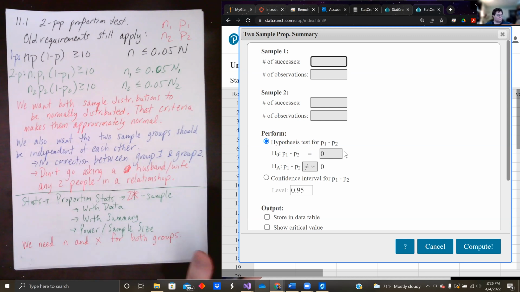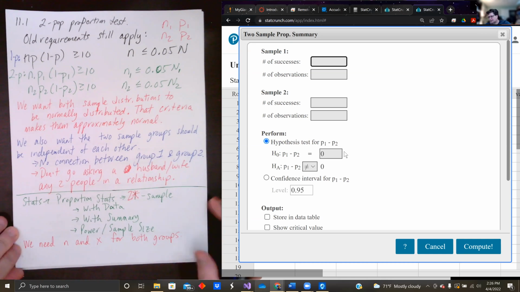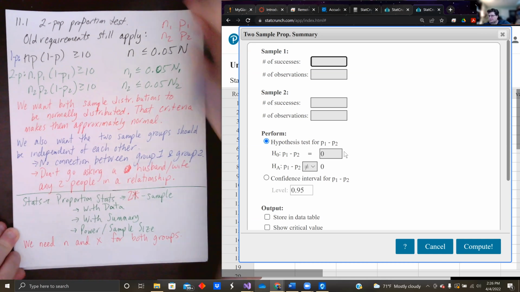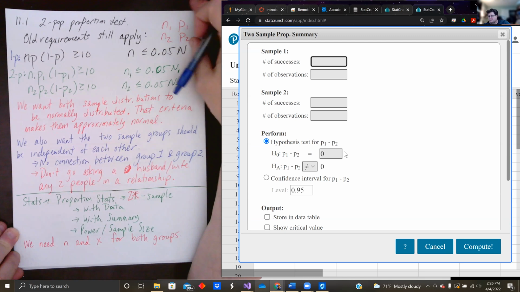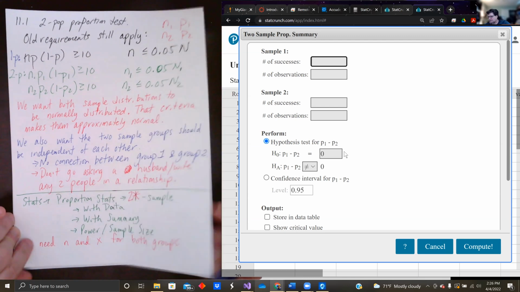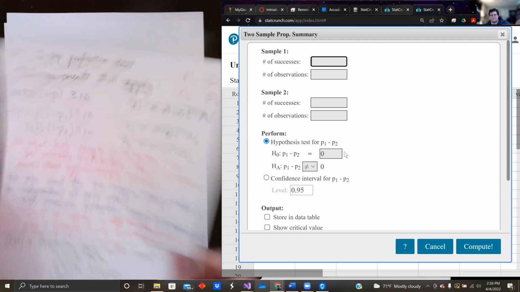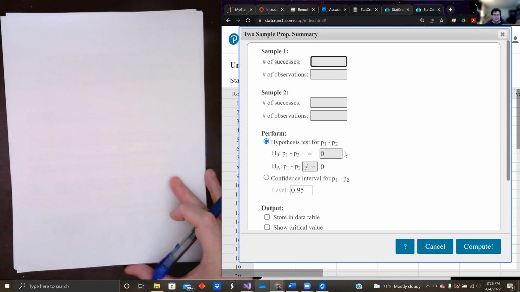So if you guys are done writing this down, I will move it and put in the new information. If you need me to leave it up, let me know, I'll put it back up.